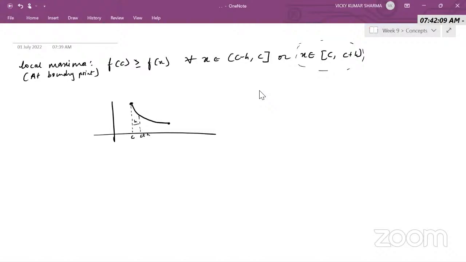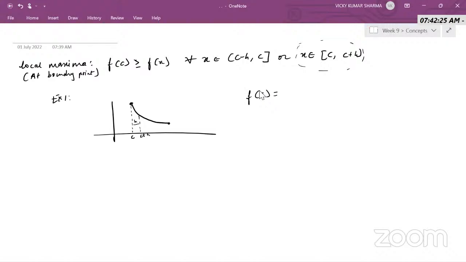So what does it say? If I'm using this interval for this particular graph, then I can say that, let's say this is example 1, and I don't think we have more examples here to discuss. So we have 2 examples, and I think we can exploit this. Now look at this. What is f of c value over here?